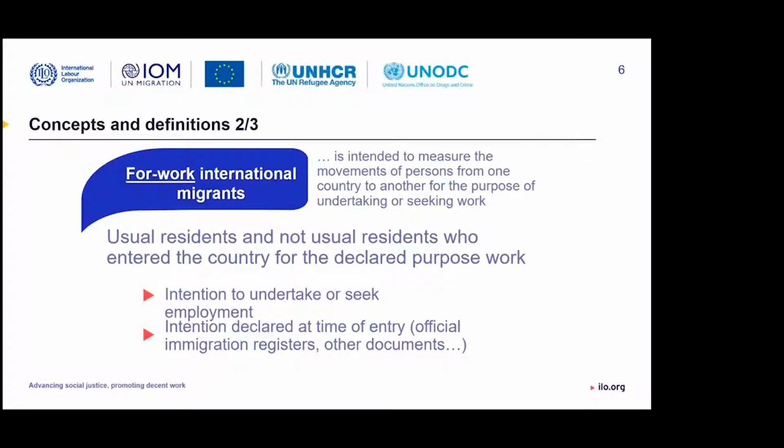So the specified reference period for the measurement of for-work international migrants should be long, such as the previous 12 months of the calendar year. We know that when we're talking about undertaking or seeking employment, we're adhering to the 19th ICLS resolution.